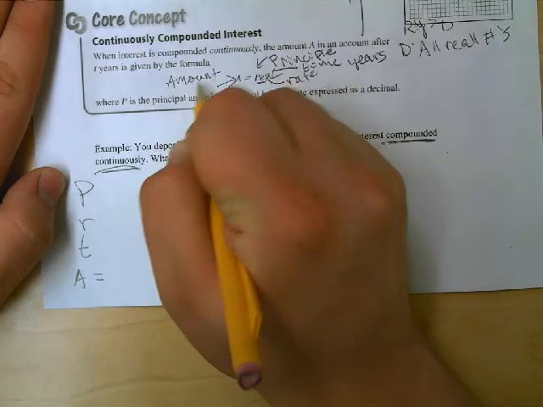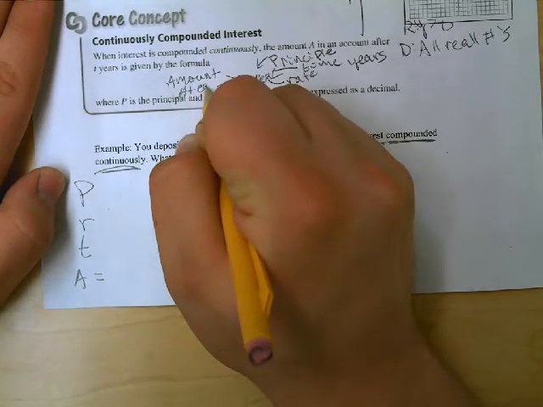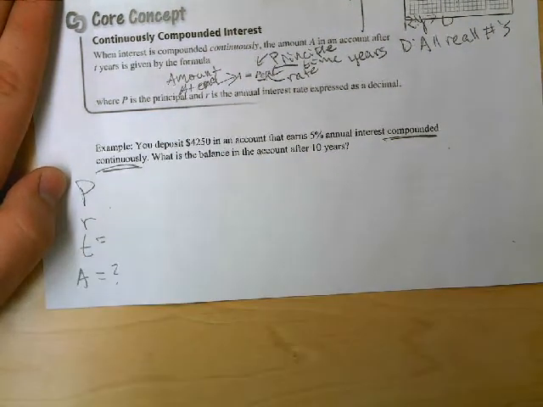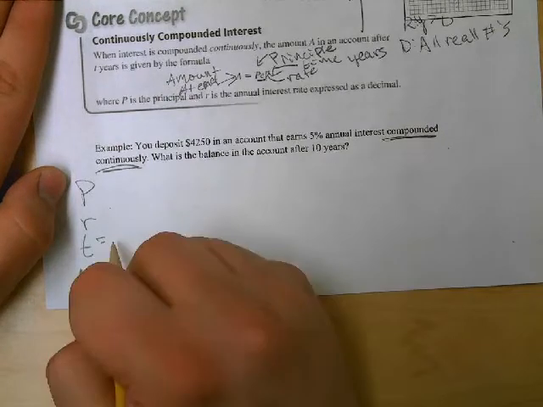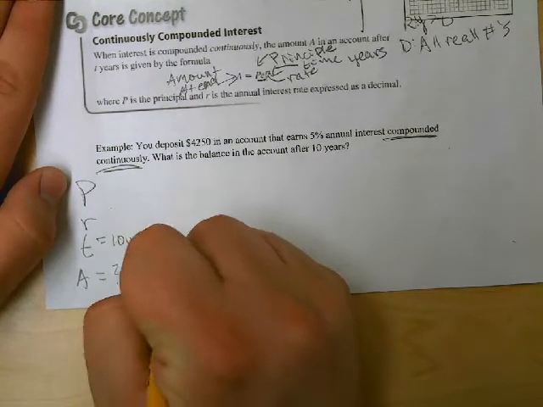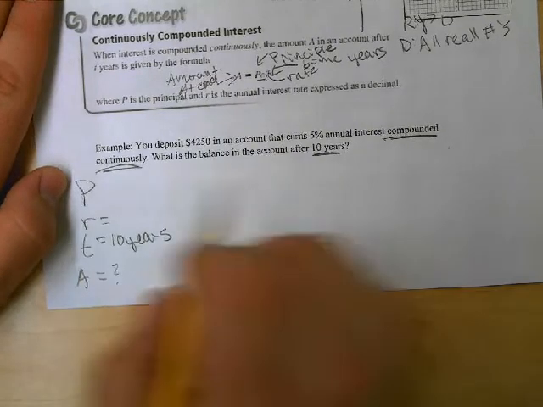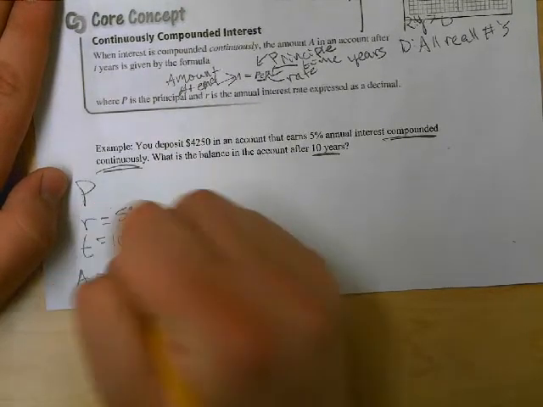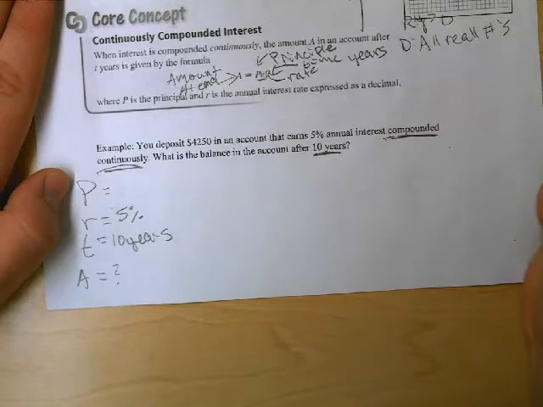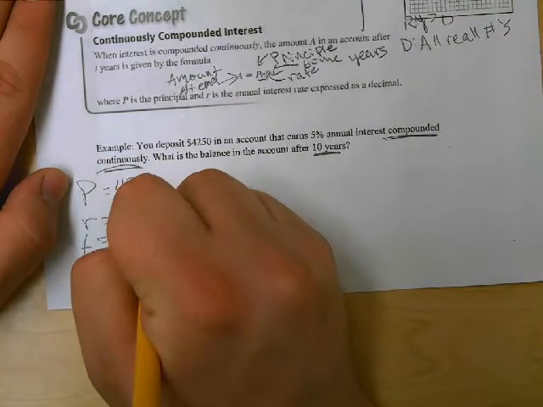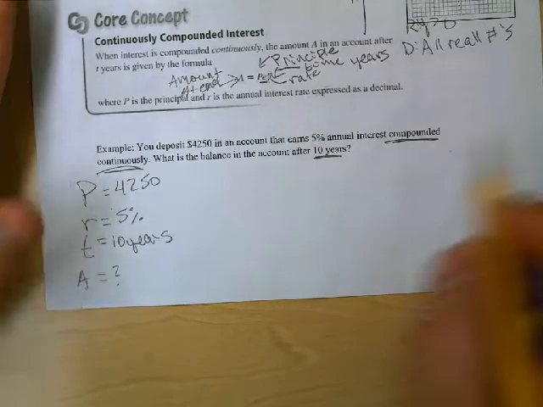Do I know A? No. Question mark. Do I know T? What is it? 10 years. Right? Rate. What's my rate? 5%. What's my principal? 4,250. Right? Do we see that?